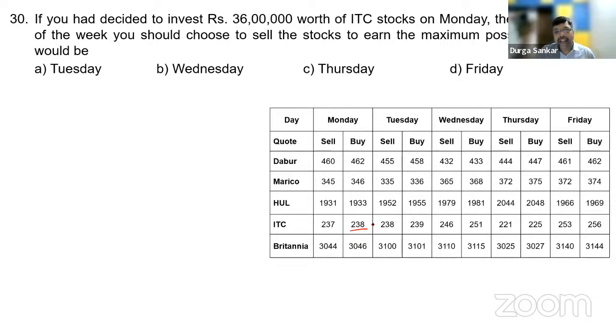When is the selling price highest for ITC? 238, 246, 221, 253. So for ITC, the selling price is highest on Friday. So if I sell on Friday, I'll get maximum profit. Type A.